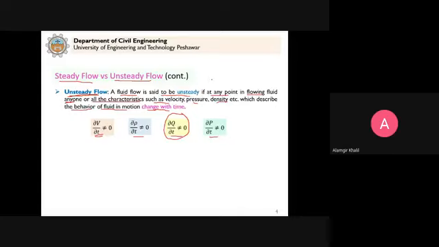Clear? The thing is that when we deal with the flow as a steady flow and when we deal with the flow as unsteady flow, we have different analysis techniques. They are not essentially the same problems. So that's why we need to understand. If we have a laminar flow, the analysis is different.